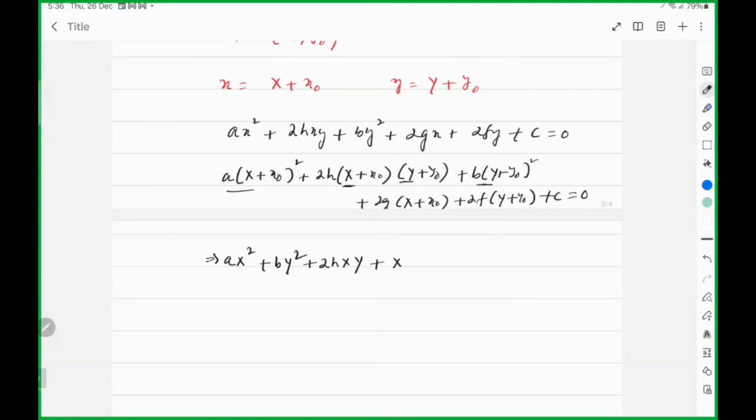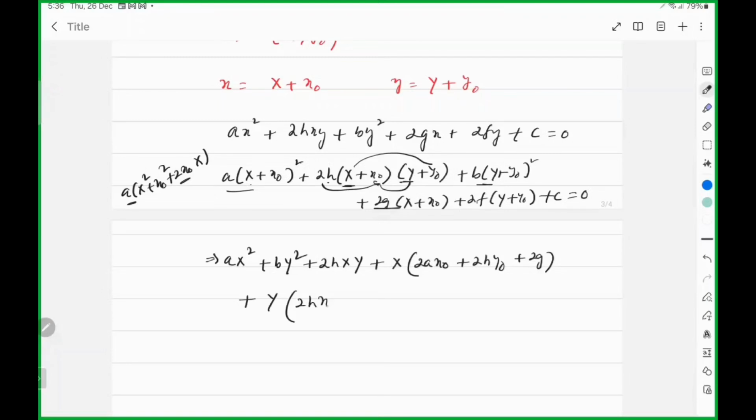Remaining terms, capital X coefficient: once you expand it to x naught X, the x coefficient will be 2a x naught. Here the x coefficient will be 2h into y naught. Here you have x coefficient 2g, plus the y coefficient, 2h x naught.